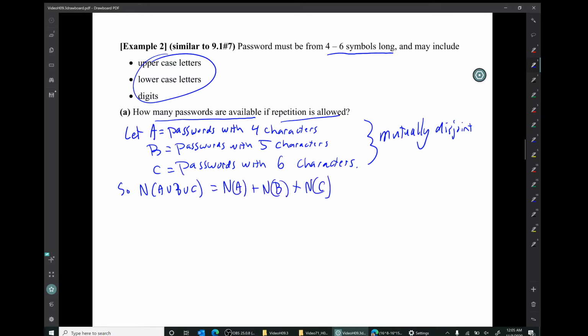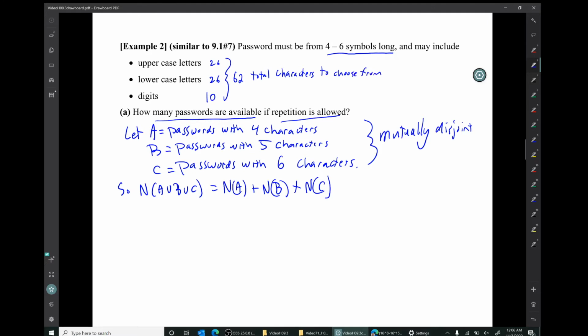So how many passwords are in set A? Passwords with 4 characters. Now let's see. How many characters do we get to choose from? There are 26 uppercase letters, 26 lowercase letters, and 10 digits. So that means that there are 62 total characters to choose from.